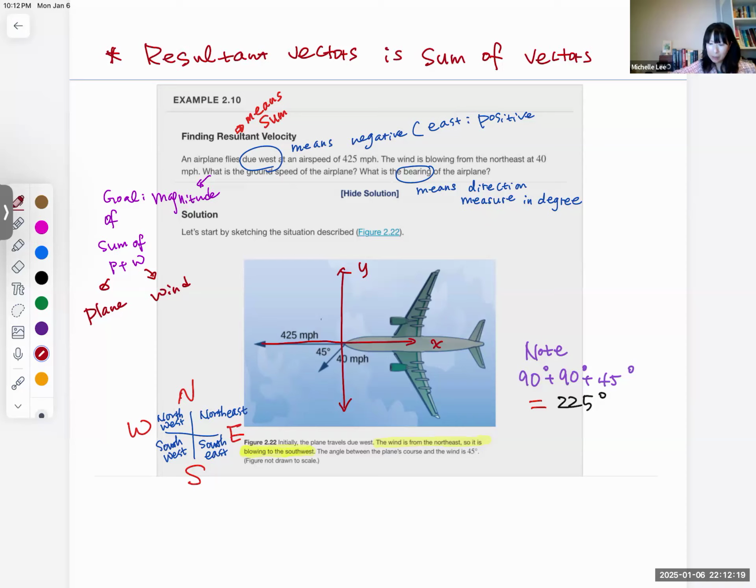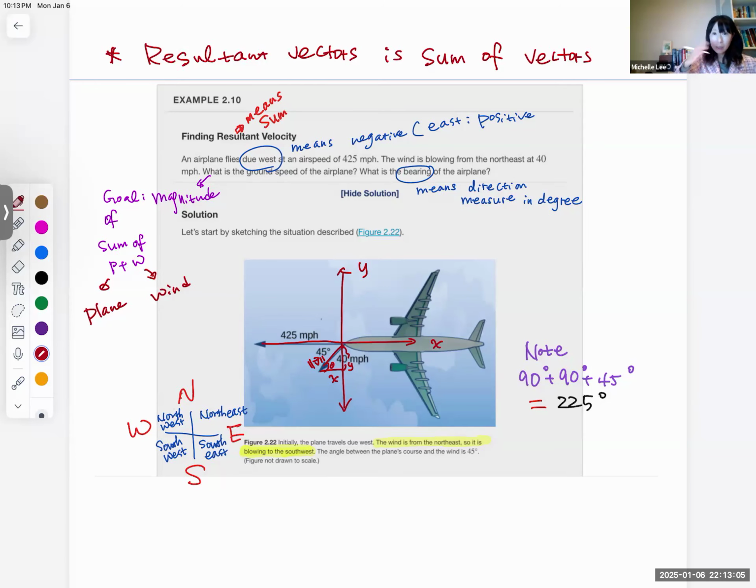We want to make that negative. And if we make this angle theta, there will be a vector v, so there will be x and y. Make sense?